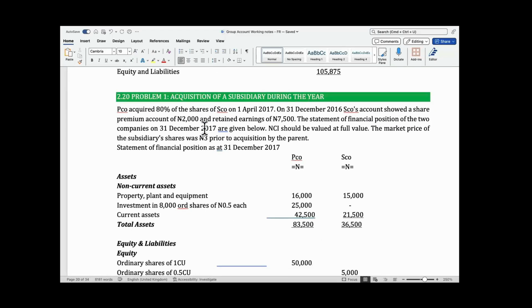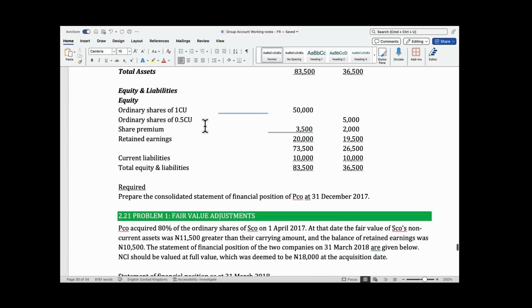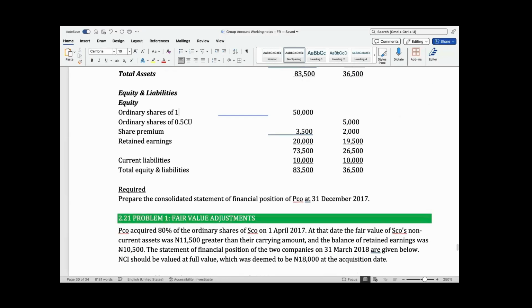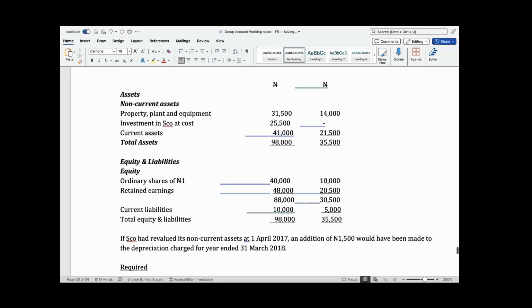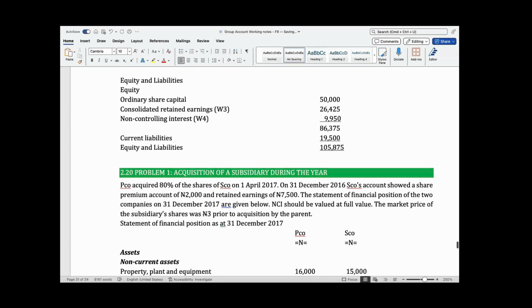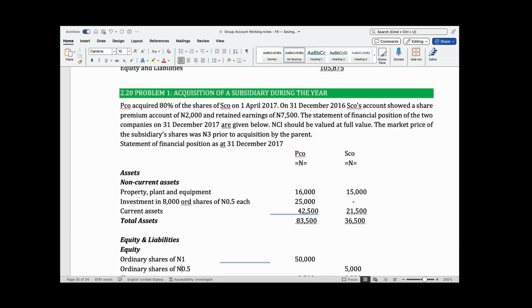So now, this question is just to teach you a few things. Now look at this question closely. You say Pico acquired 80% of the shares of ESCO on 1st April 2017.